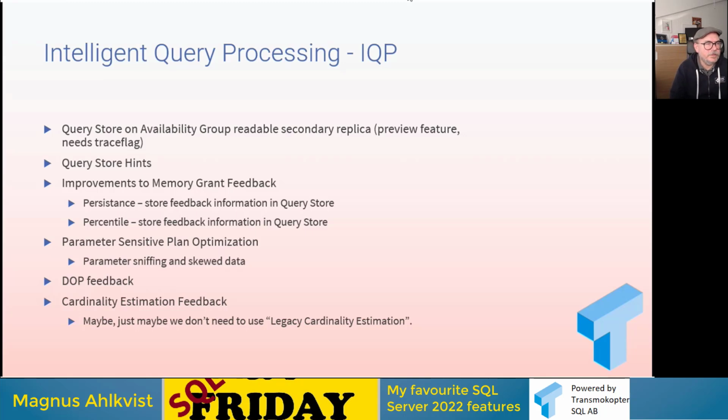What more? Things that use Query Store. Basically all the things you see on this slide, they will use Query Store one way or the other. So we had in SQL 2017, I think it came, the memory grant feedback, where if a query got a too large or too small memory grant, SQL Server would detect that, mark the execution plan.